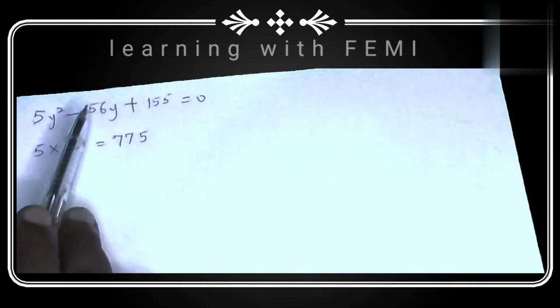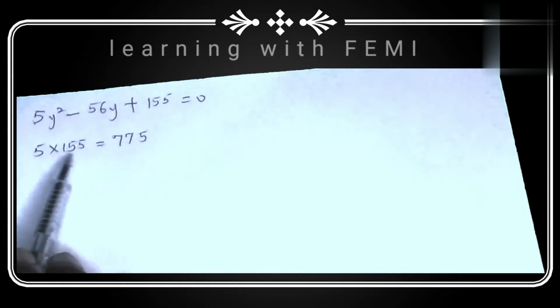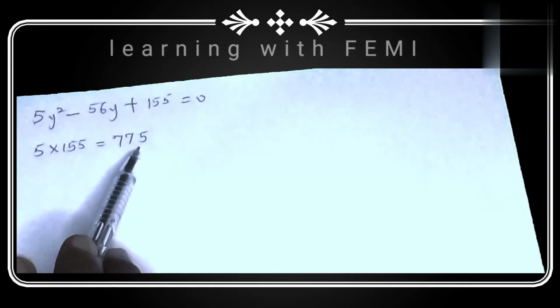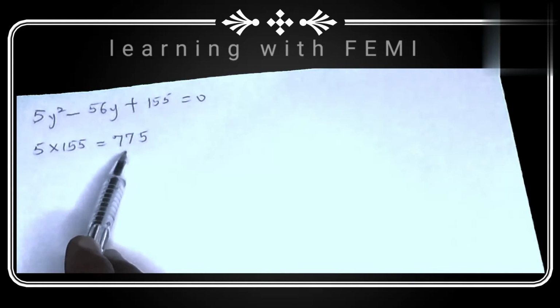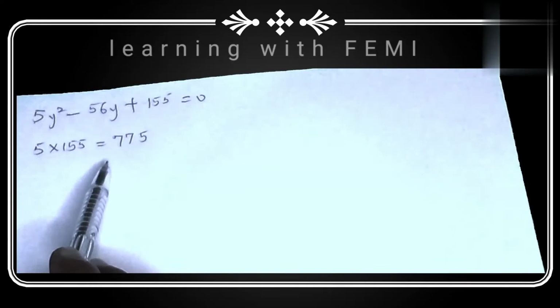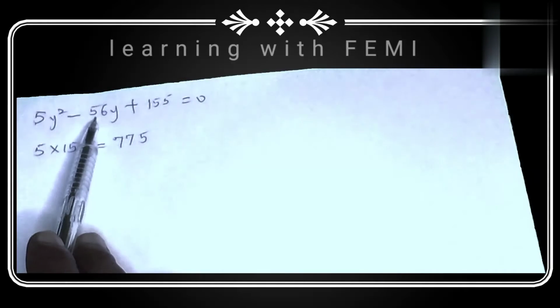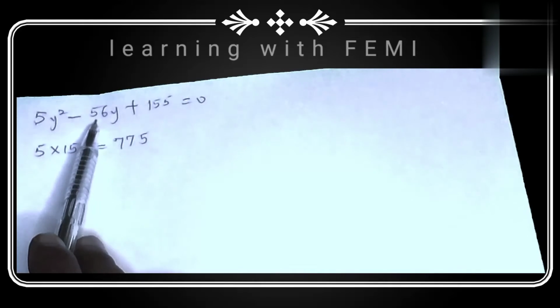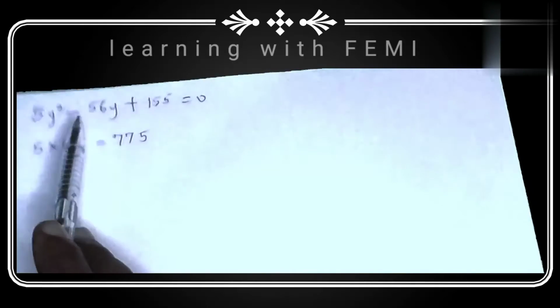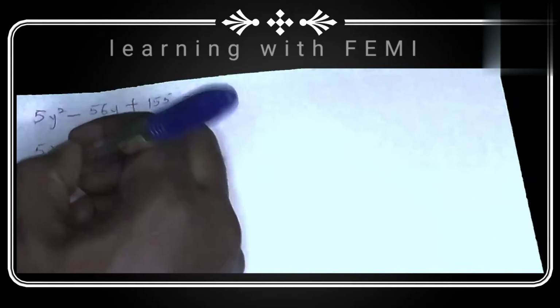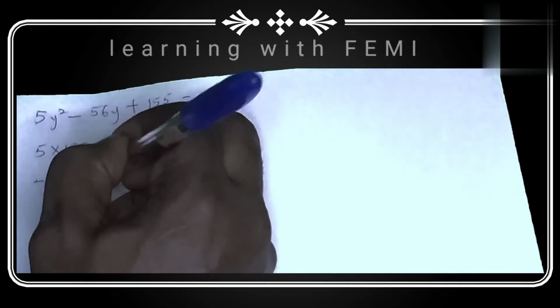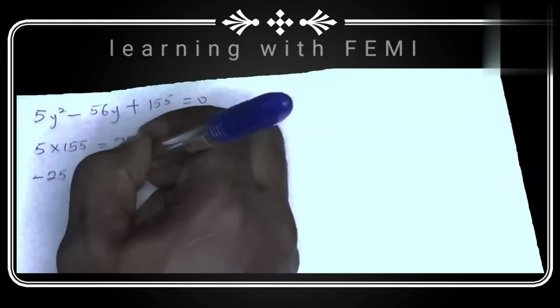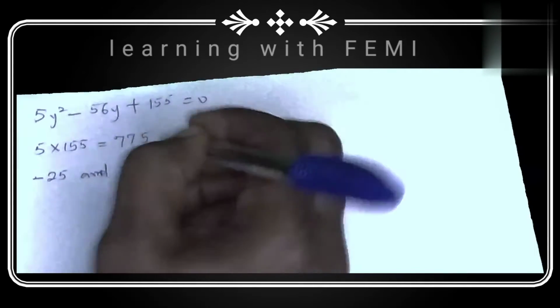Now, what do we multiply together that will give 775? I mean the factors of 775 that, if we add them together, we'll get minus 56. We got minus 25 and minus 31.